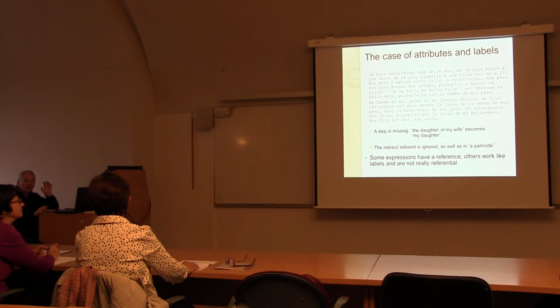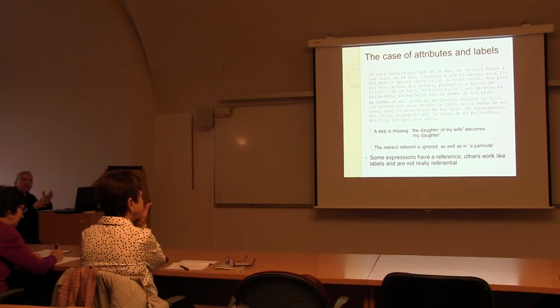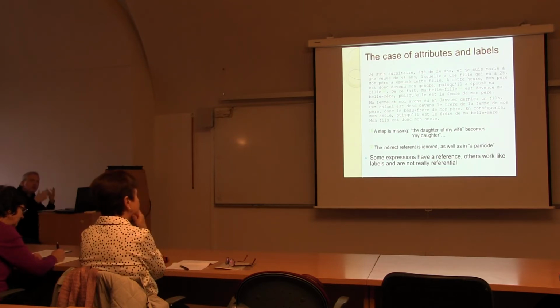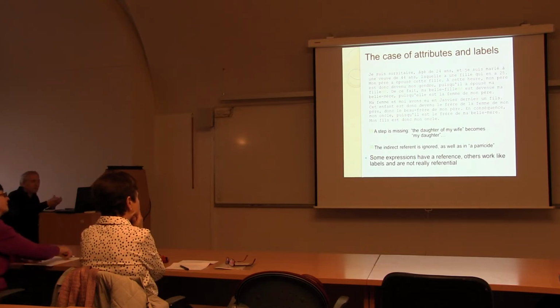It's a label with information with it, but it's not a referring expression, and then it does not belong to any coreference chain. So it's a choice which is not the choice of information structure, but it's a choice more linked to the text structure, I think.